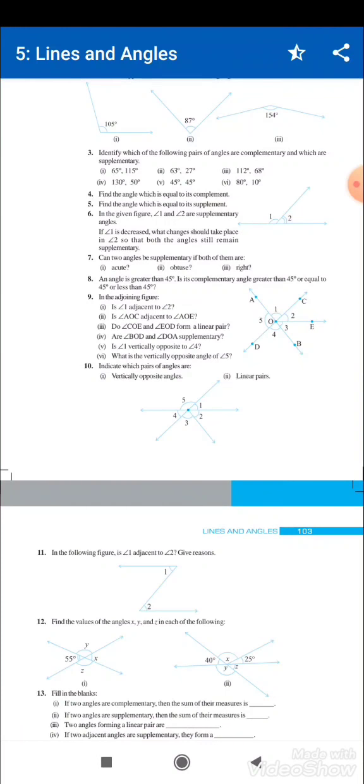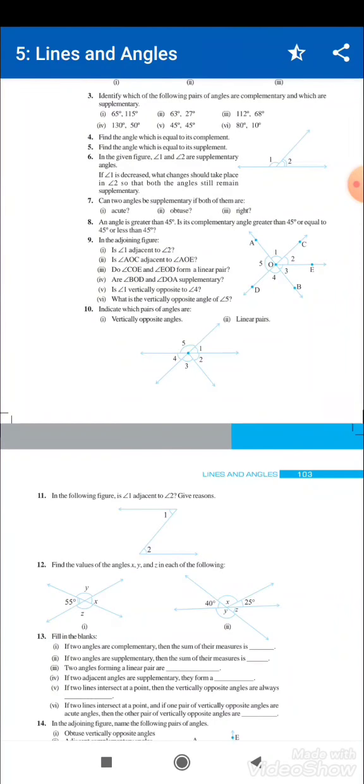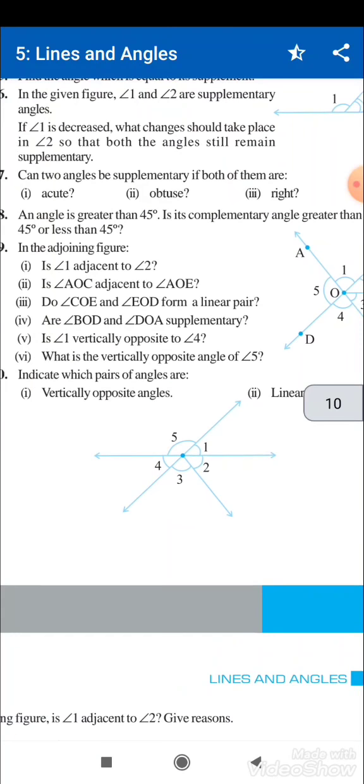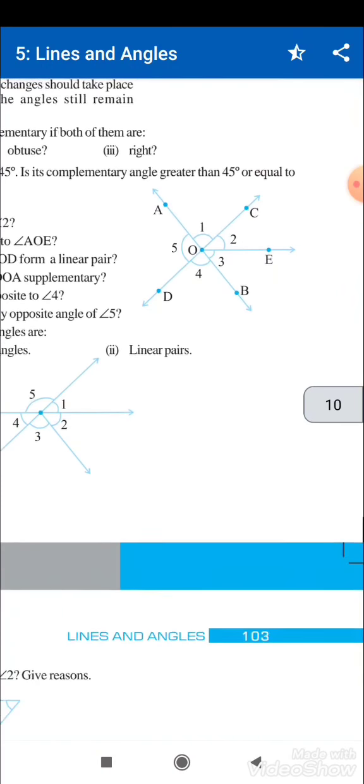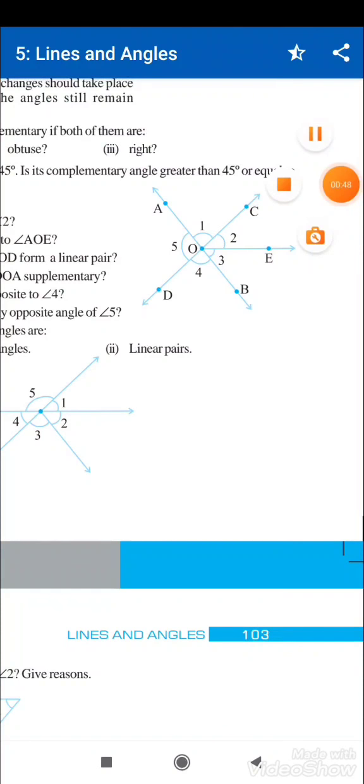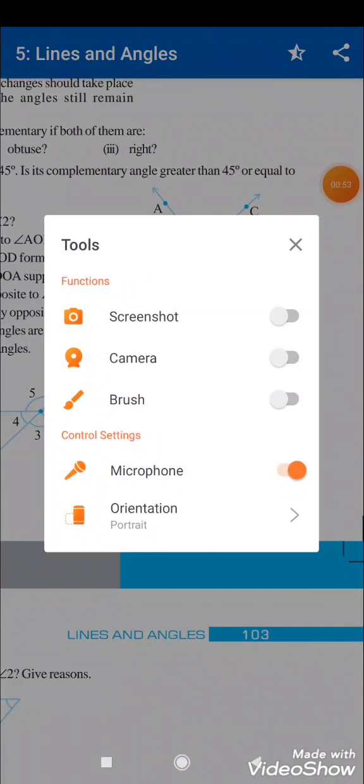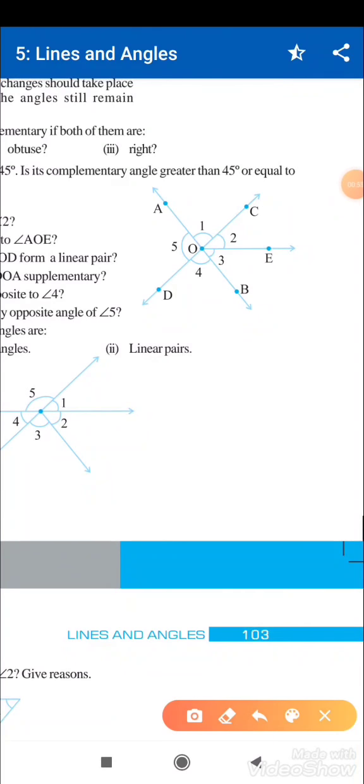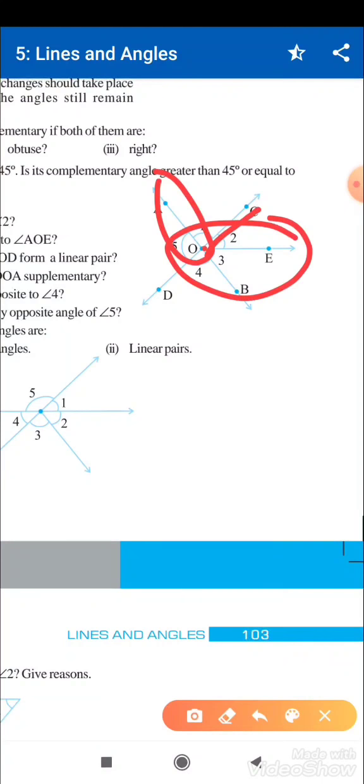So let us start our exercise with the first part. Here you can see angle 1 and angle 2, and it is clear from the figure that angle 1 is adjacent to angle 2, because they have a common vertex O, they have a common side OC, and their non-common sides OA and OE lie on either side of the common side.